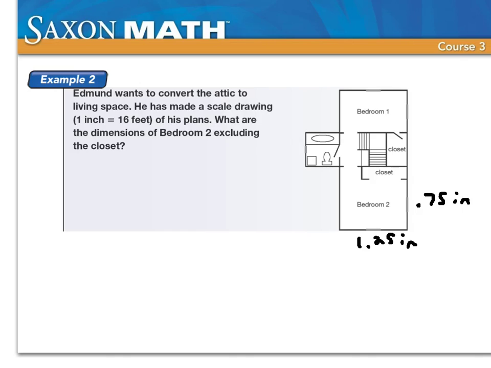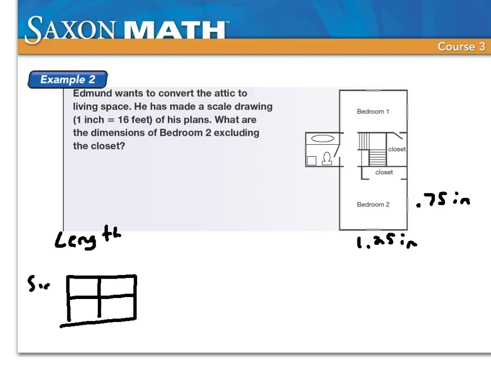The first thing I'm going to do is figure out the length and use a ratio box. So our box needs to include the scale to the actual, and we need to have the drawing to the room.